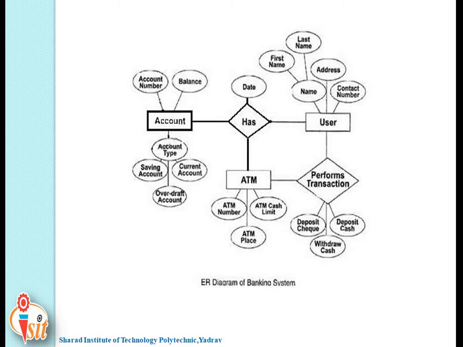That is, account has user is the relationship between account and user, and ATM and user have the relationship performs transaction. As per the previous diagram, the main entities are shown with the rectangle, relationships are shown with the diamond, and the entities have different attributes that are drawn with the ellipse.